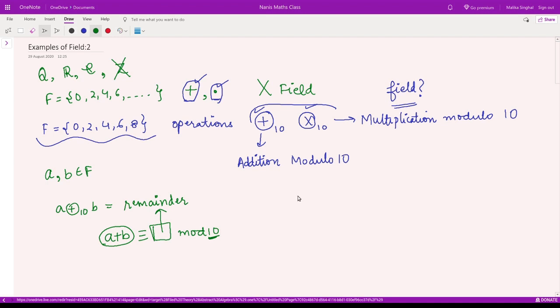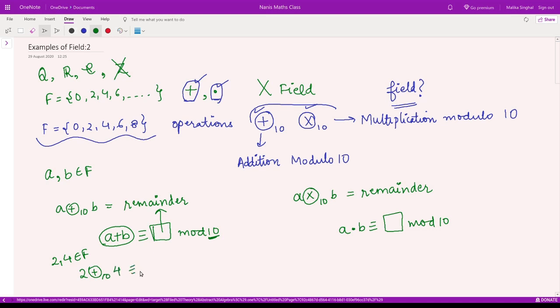Similarly, what does this mean? a multiplication modulo 10 b means that I am taking the remainder when I divide a times b by 10, right? For example, if I take these two numbers, 2 and 4, which belong to this set, then 2 addition modulo 10 4 would be 2 plus 4, which is 6.